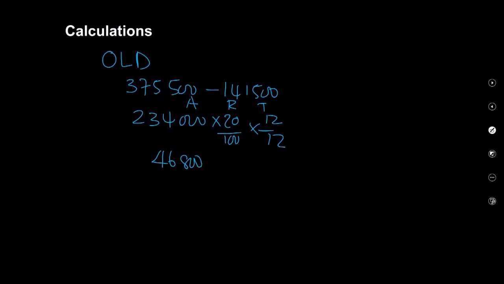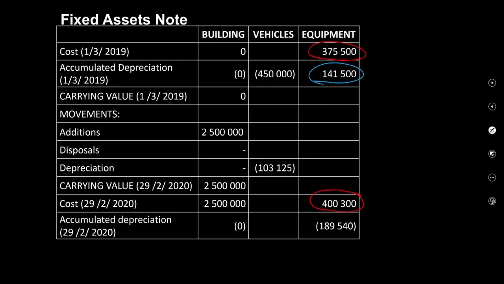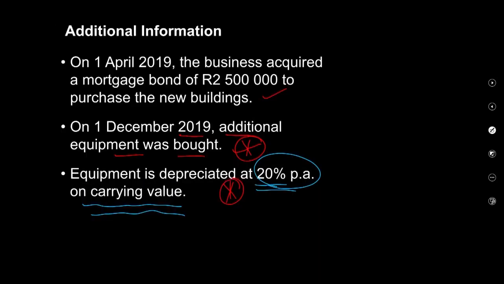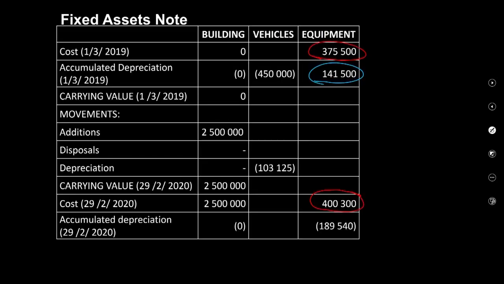Did I buy new equipment? Yes, I did. Let me have a look at that. The new equipment that was purchased, on the 31st of December 2019, additional equipment was bought. If I'm working December, clearly you can see that my year started in March, the beginning of the financial year.